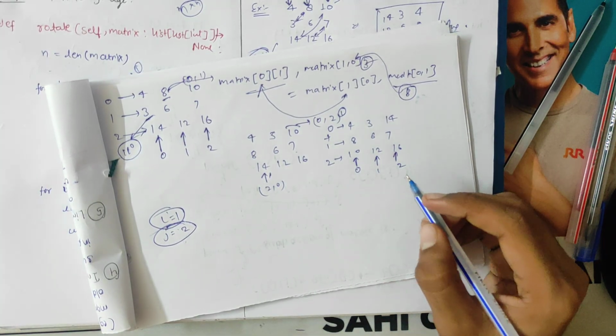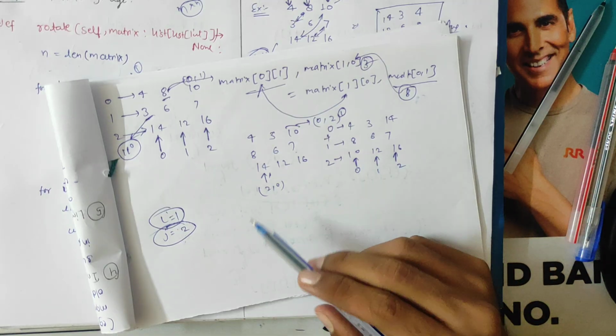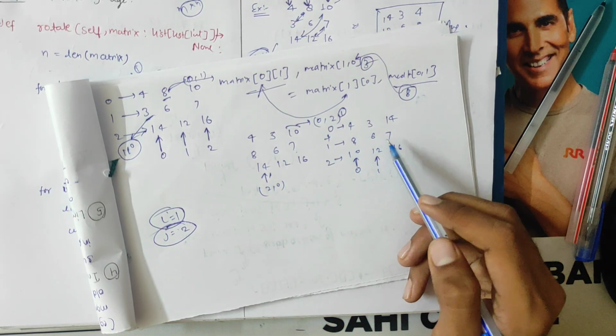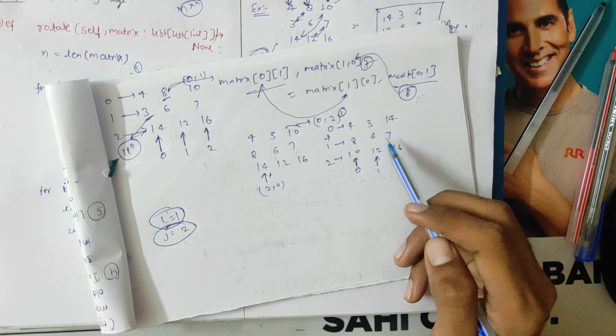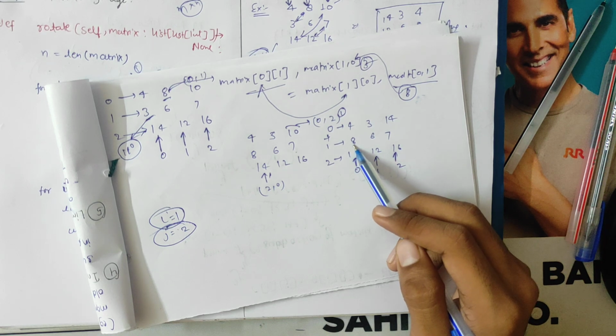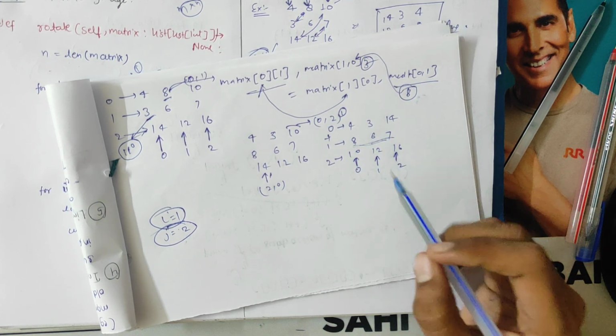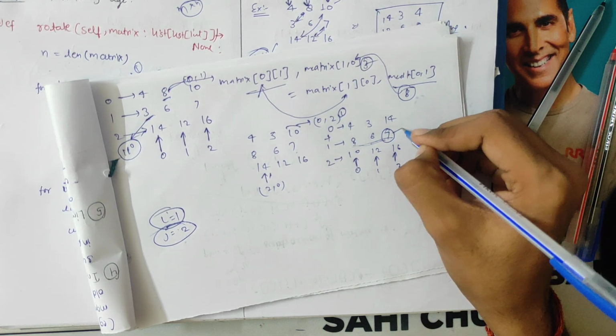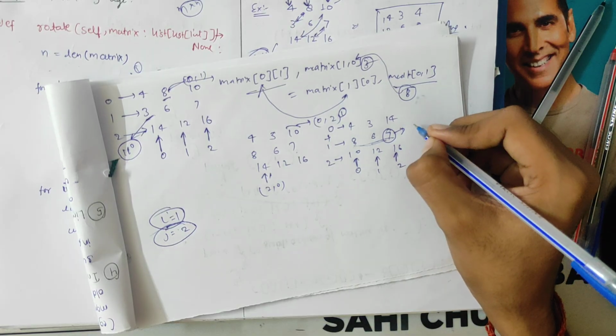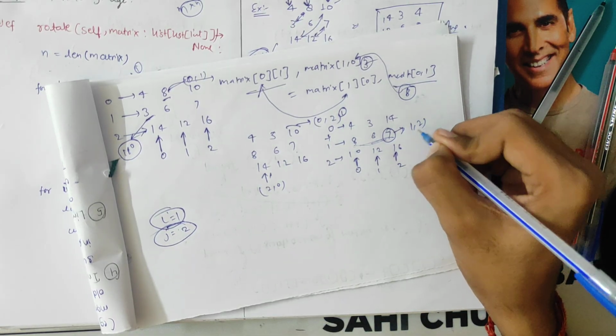So j is 2 and I is 1 now. In 1, which element is going to be swapped? 1 comma 2, which is 7.